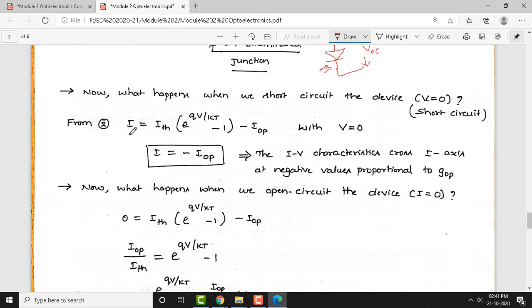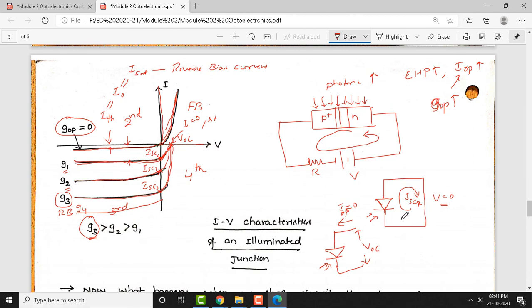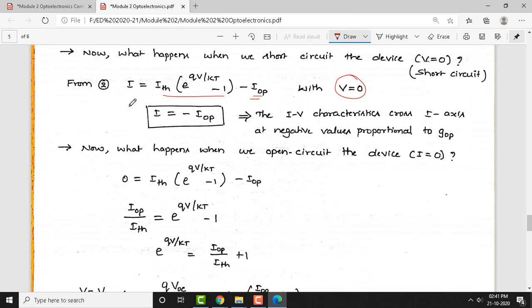We know that the total current flowing in the PN junction device is the optical current plus the diode current. Now, to calculate the short circuit current, you need to make the voltage 0.